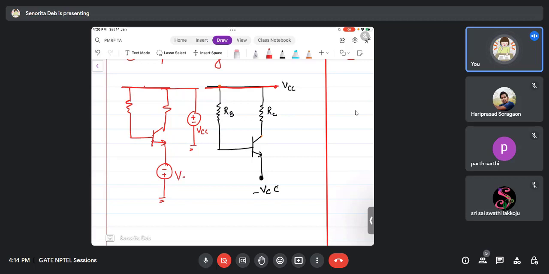Everything is with respect to ground. This source is negative with respect to ground, and this source is positive with respect to ground. If something is given to you in this manner, it means nothing but this.